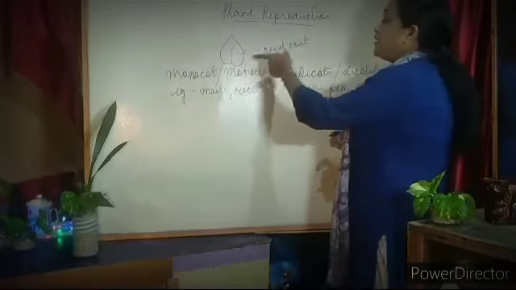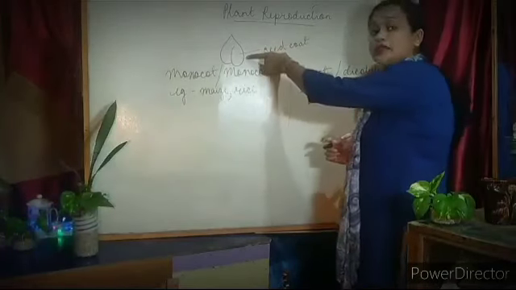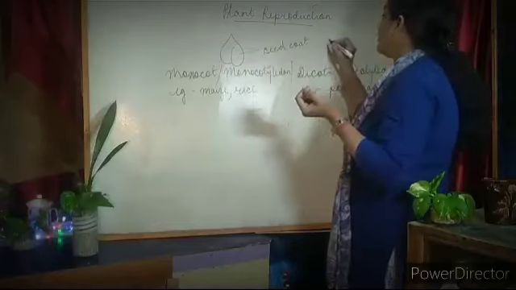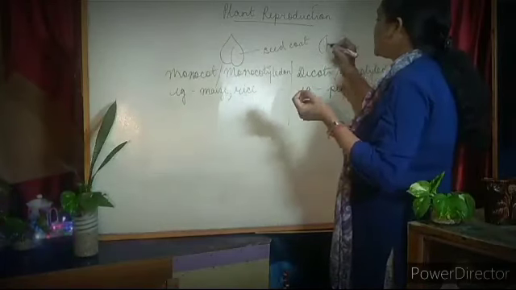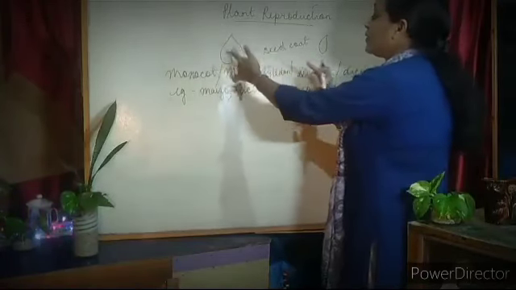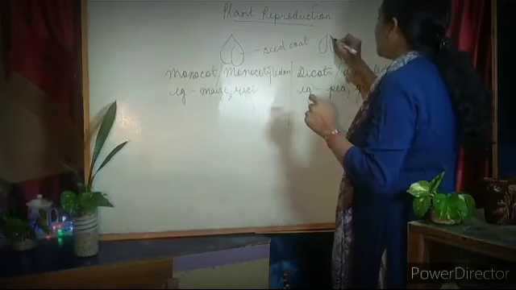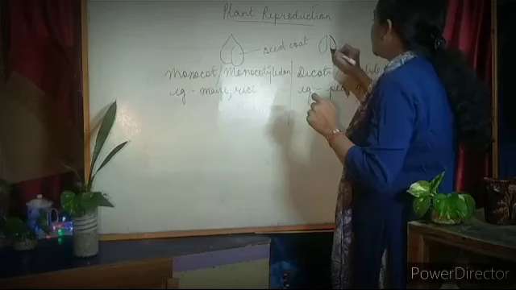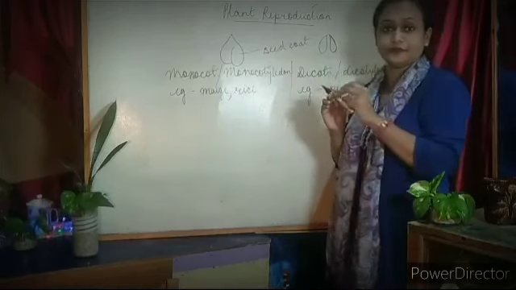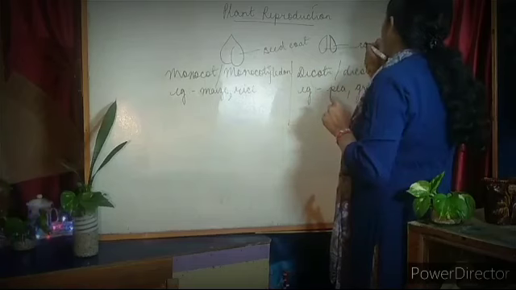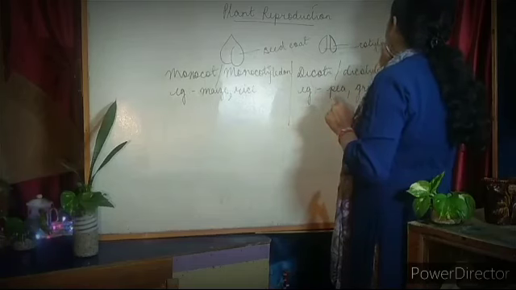As I have said, the seed consists of an outer covering called seed coat. When you peel the seed coat of the gram seed, you will find two leaf-like structures inside. These leaf-like structures are known as cotyledons.